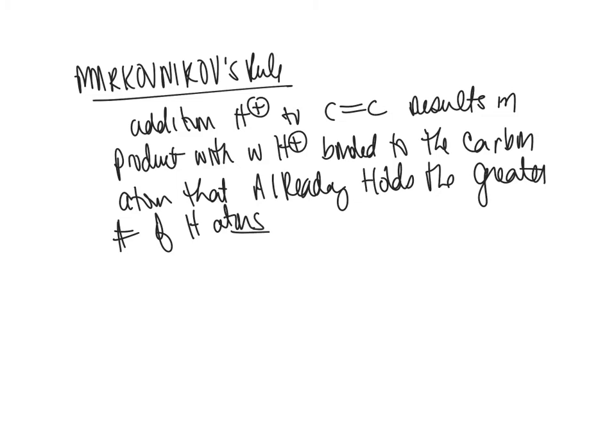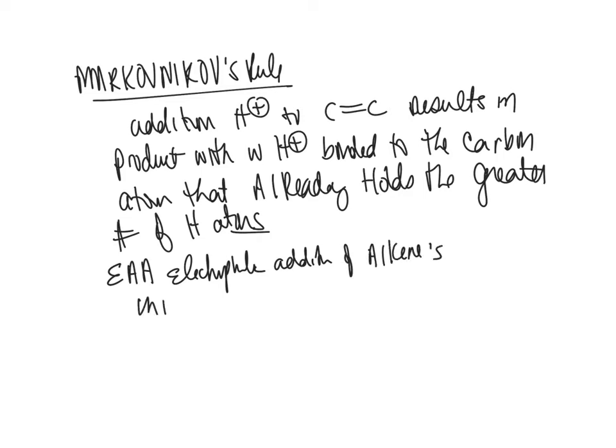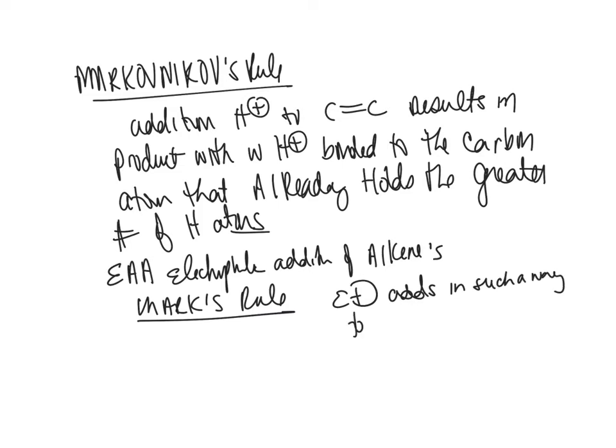So in electrophilic addition of alkenes, Markovnikov's rule, you do Markovnikov, an electrophilic addition to an alkene, the electrophile adds in such a way to generate the most stable intermediate.